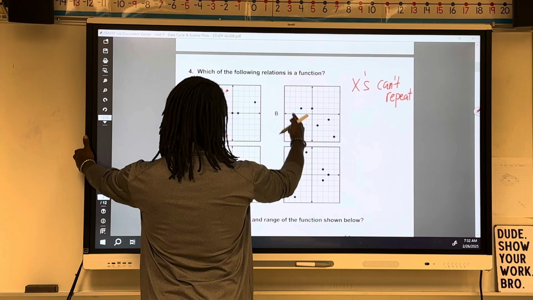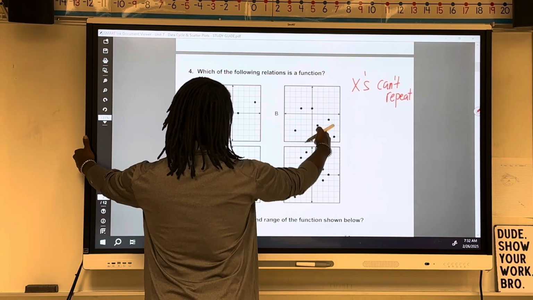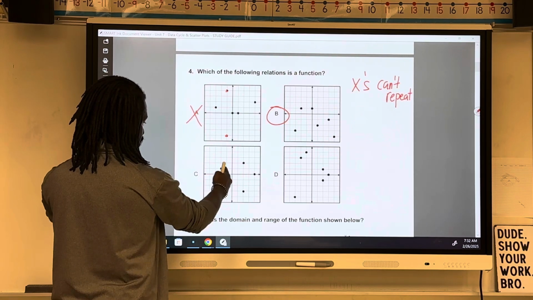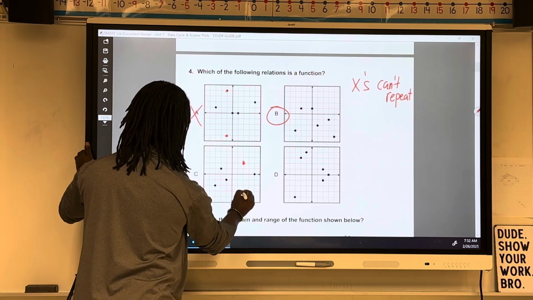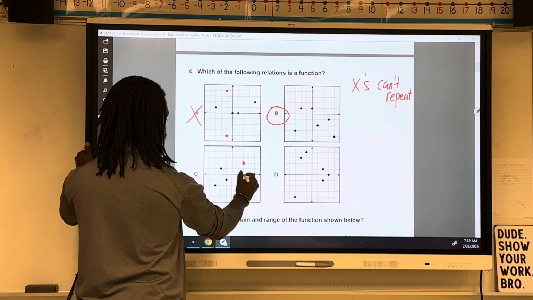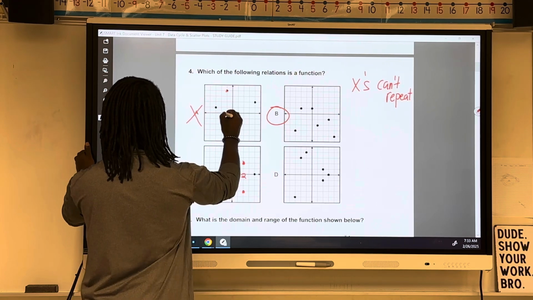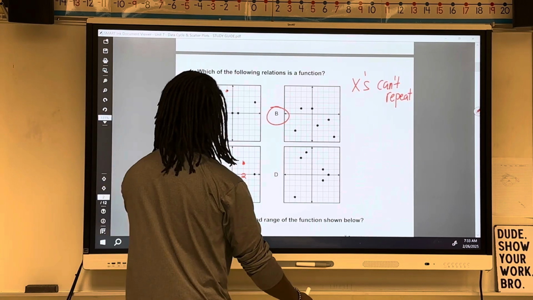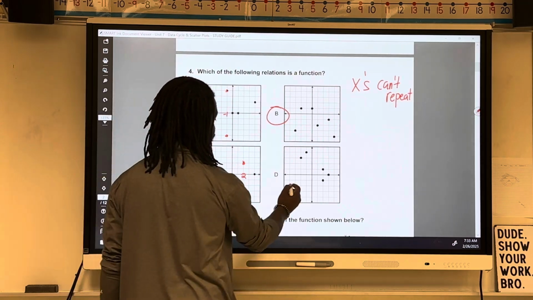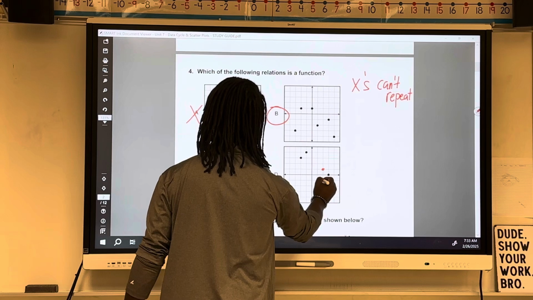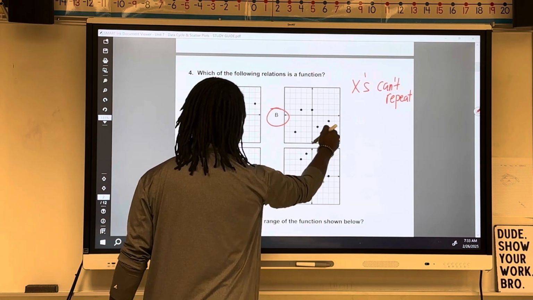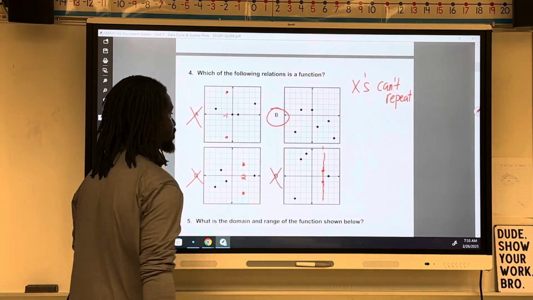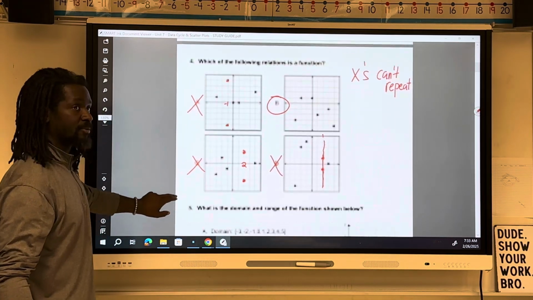In this one, there's 1 point here, 1 point there, 1 point there, so that one could be it. This one has 2 points along the 2 spot, and the same thing here. If you remember, this is called the vertical line test. If I draw a line and it touches 2 points, then it is not a function. So the answer is B.